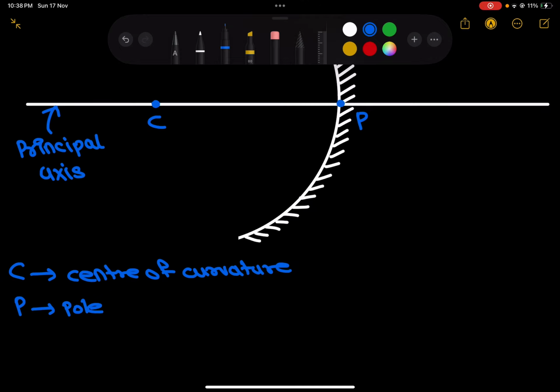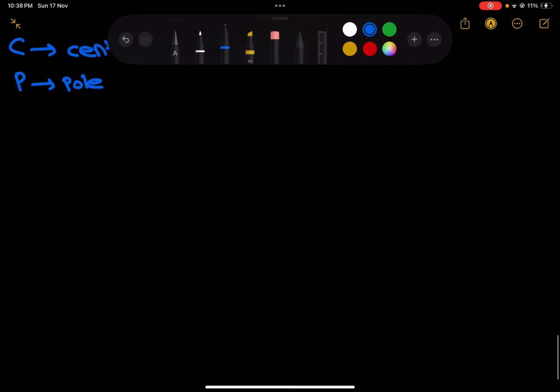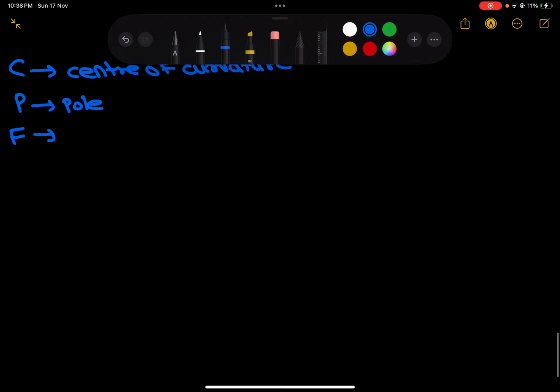Now one important part. Here the midpoint of C and P is known as F, and F is the focus. Now how can we understand focus?